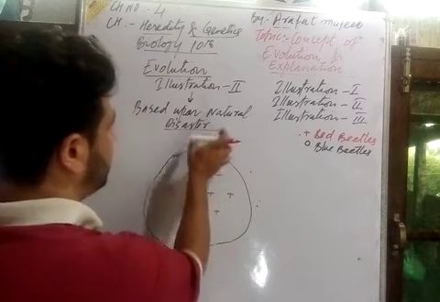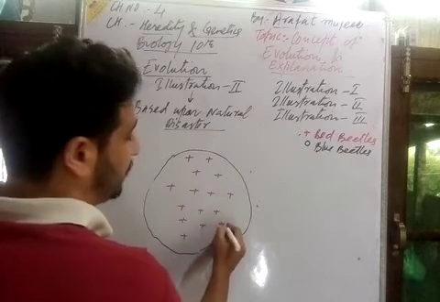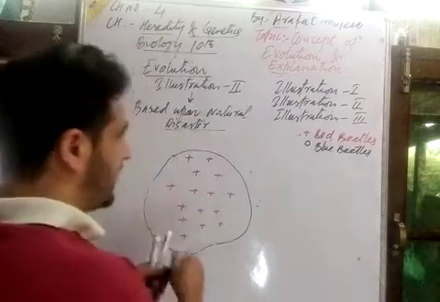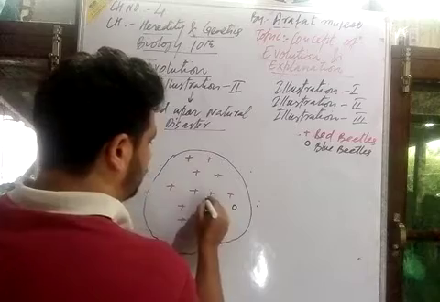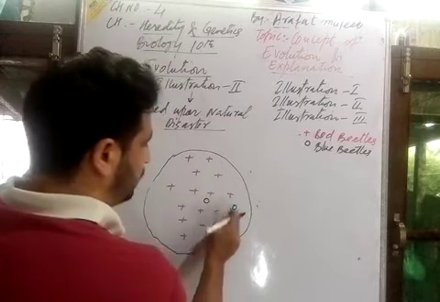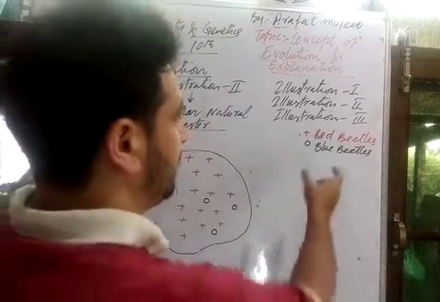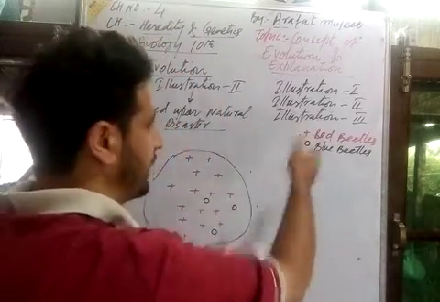Now it is based upon natural disaster, which sometimes gives a chance for the evolution of a new species. The number of blue species is less as compared to the red beetles. Blue beetles are lesser in number as compared to red beetles.